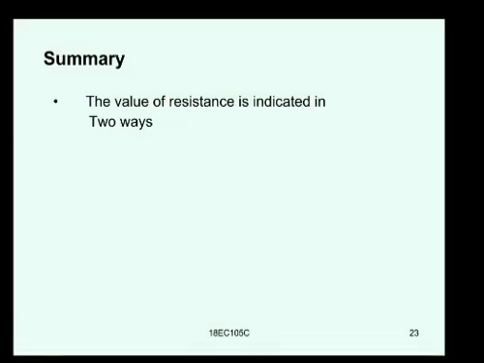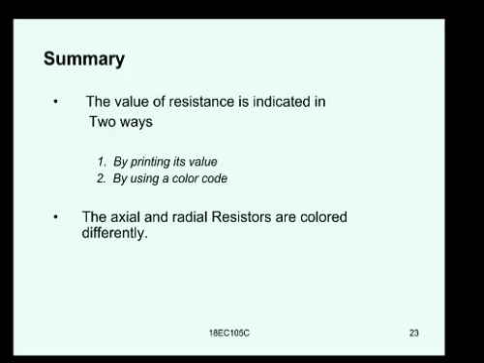The value of the resistance is indicated in two ways. What are the two ways? It will be printed on the body when the resistor is sufficiently large. Then we'll be using a color code when the size of the resistor comes down. The axial and the radial resistors are colored differently.